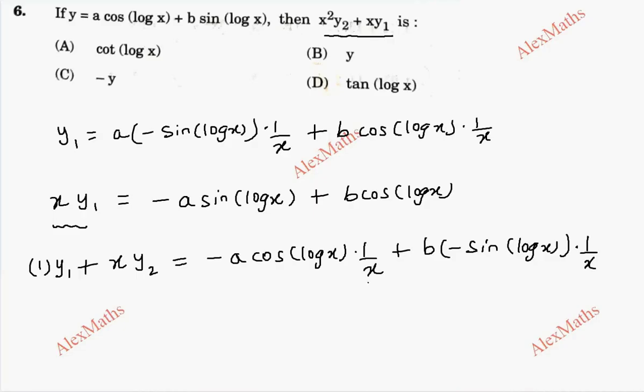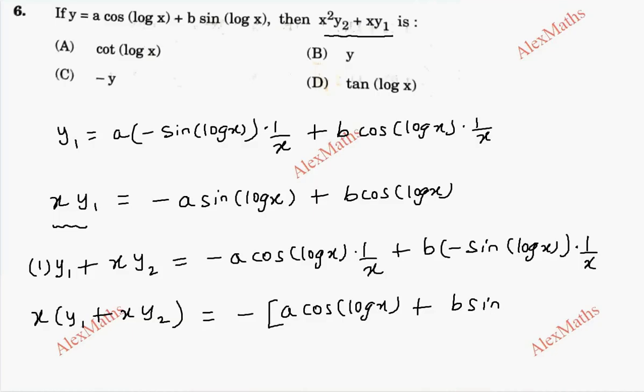Again we take x common, that is 1 by x common, and carry here x into y dash plus x y2, which is equal to, after taking minus common, we have a cos of log x plus b sin of log x.